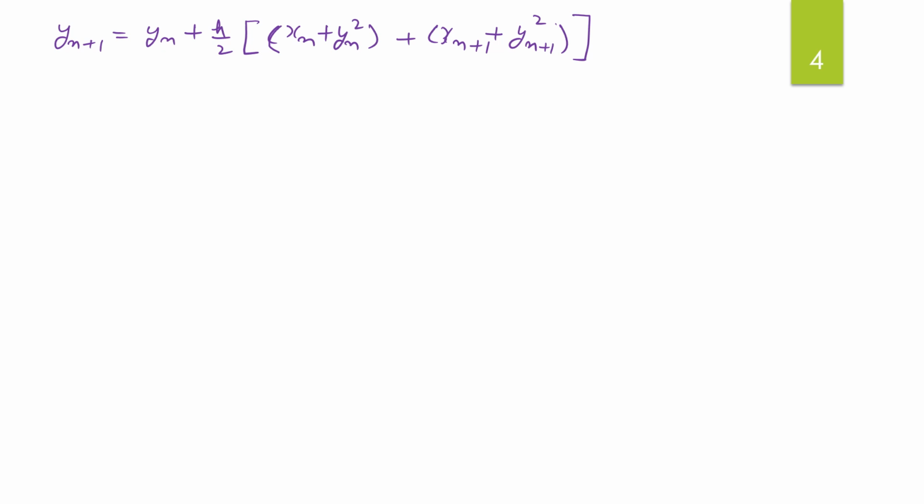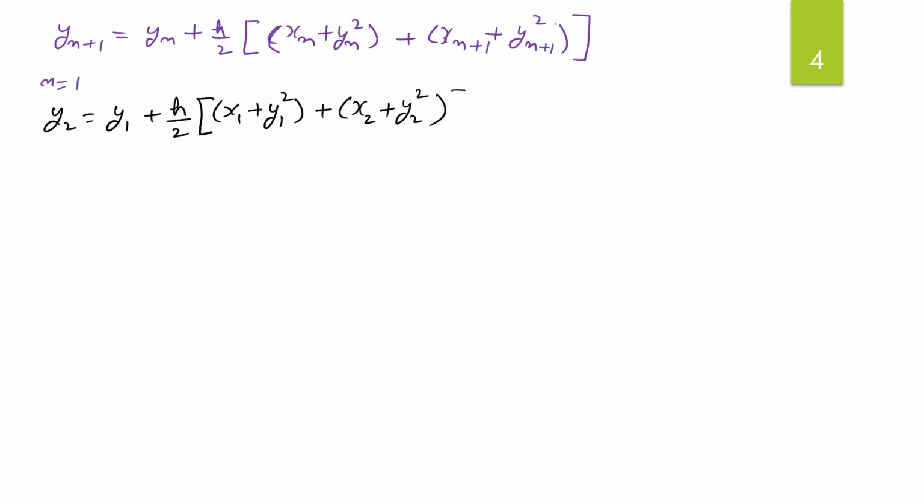Now substituting these values, when n is equal to 1, we have y2 is equal to y1 plus h by 2 into x1 plus y1 square plus x2 plus y2 square. This y2 we have already calculated on our last page by using the Euler formula. So I am just writing the values of these terms.